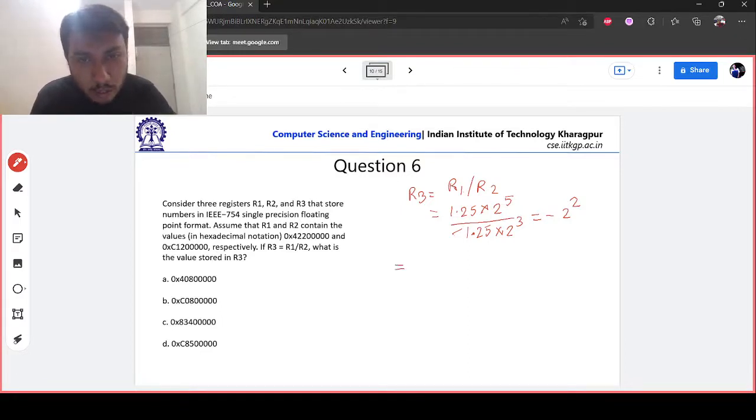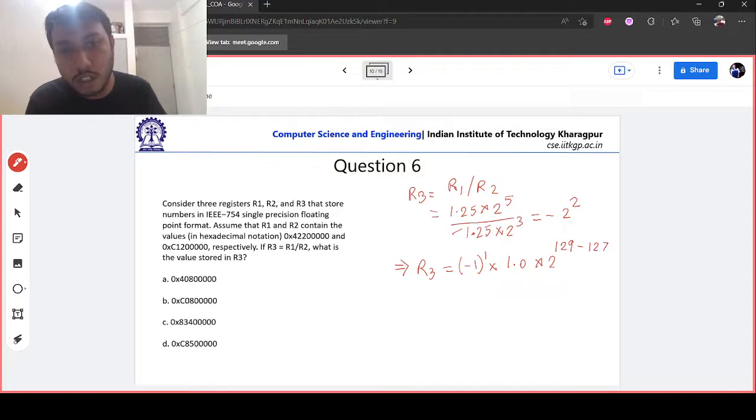So now we can write R3 as minus 1 into 2 to the power of 1, into 1.0 into 2 to the power of 129 minus 127.